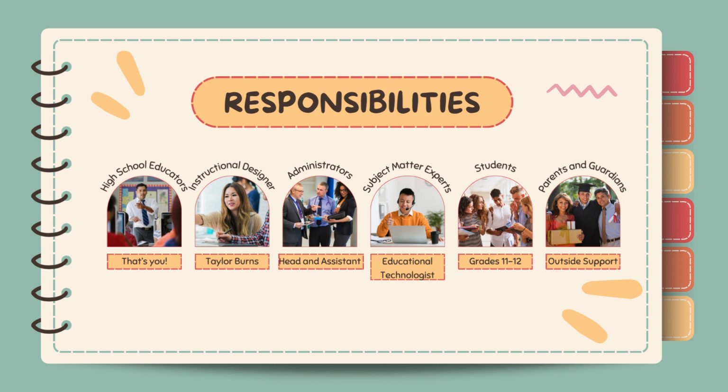So the high school educators are going to be responsible for actively participating in the training sessions and professional development opportunities that are provided. They're also going to be implementing the new technological skills and instructional strategies into their teaching practices. They're also going to be providing feedback on the effectiveness of the technology integration efforts and its impact on student learning.